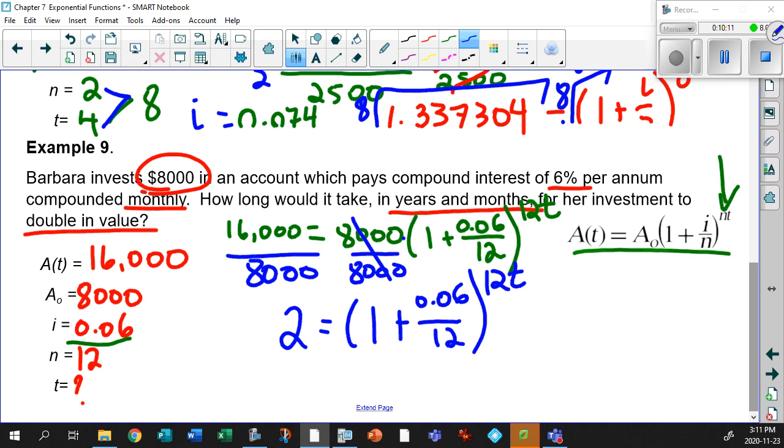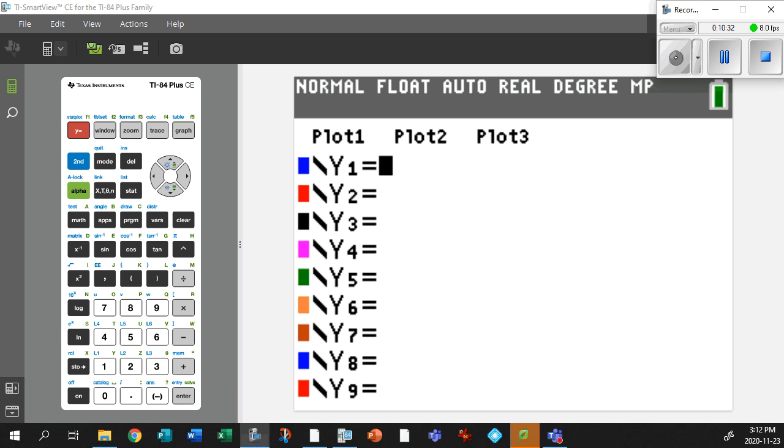Now, the only way you can solve this is if you go into your calculator and do the old y1, y2 thing. Otherwise, whew, the algebra behind this is crazy, and you haven't learned logs yet. Once you've learned logs, this is a logarithmic function, and we can figure it out. But for right now, let's do it quick and simple using our calculator. So y1 is going to be 2. y2 is going to be that nasty thing that we had earlier.